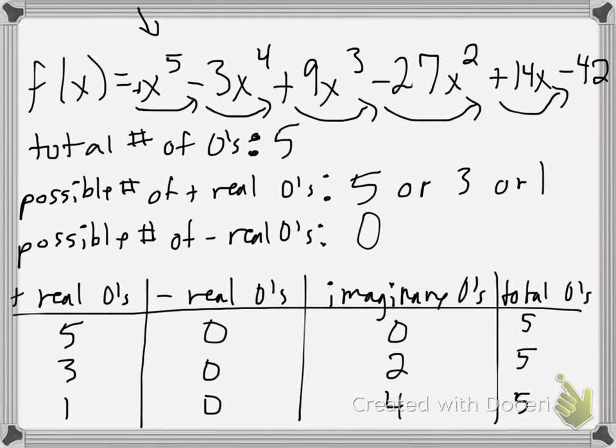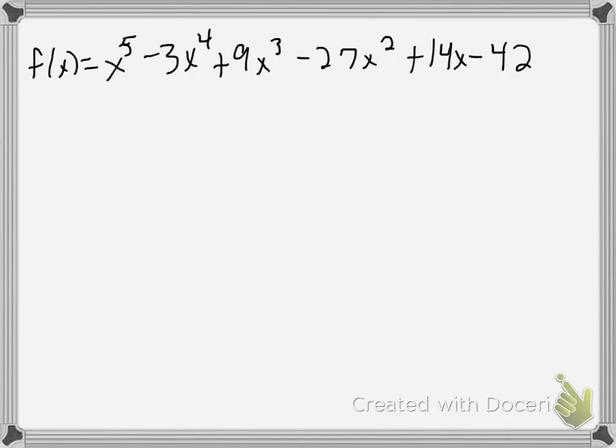So now we need to go and find all of our zeros. Now we use the rational root theorem, because I can't factor this huge polynomial. So let's list out our factors of 42 real quick.